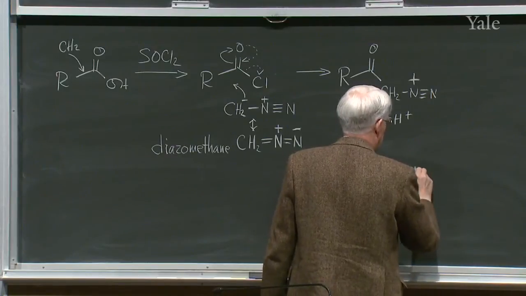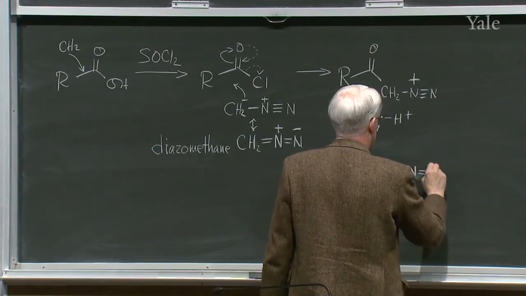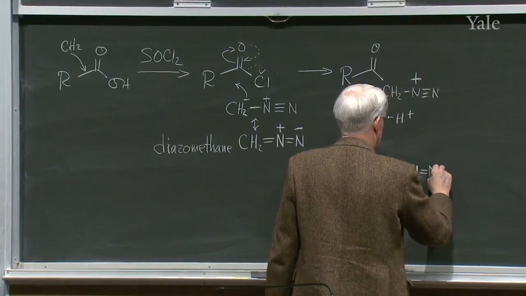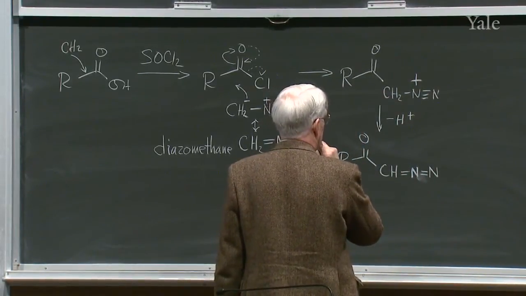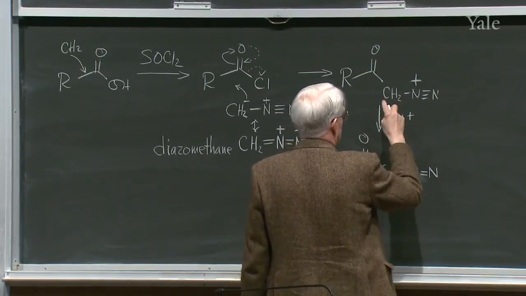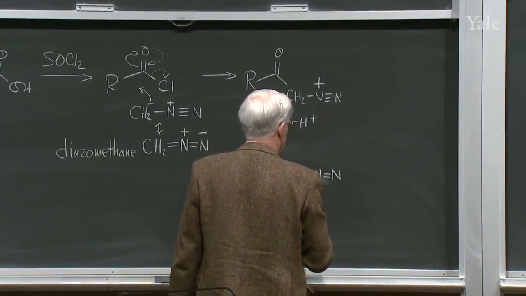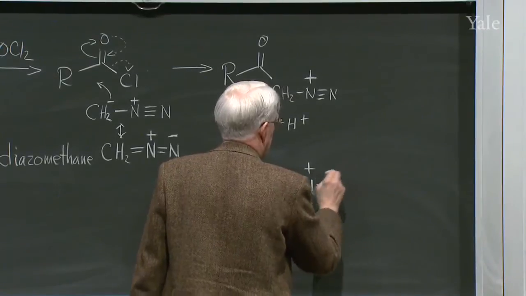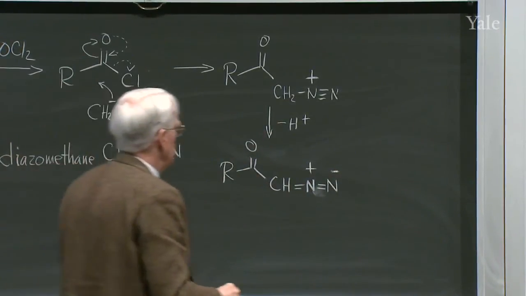Okay, so I'll draw it this way. Have I done it right? What did I do? Took those electrons in there. Yeah, okay, good. Yeah, plus minus. Okay, which is called a diazoketone.